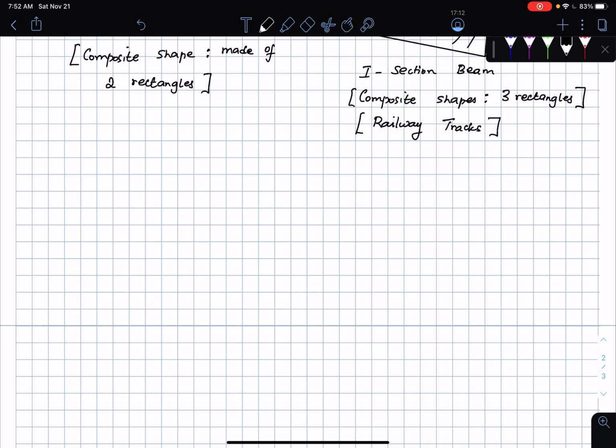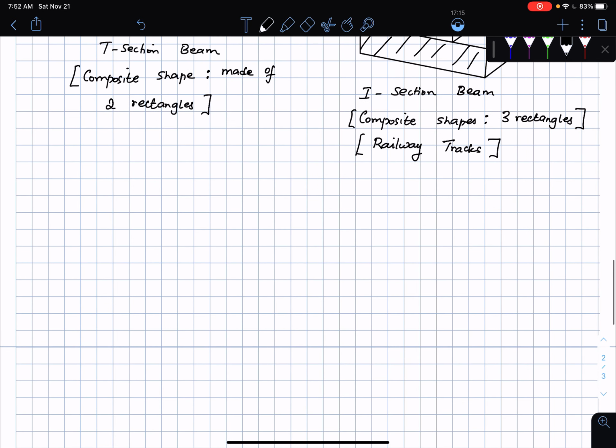So for the composite section, if I find the centroid of composite shapes, here is the nice thing about it.